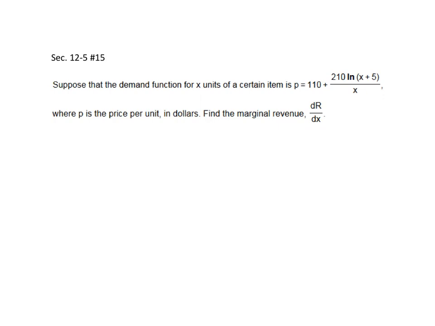So if you're looking for a revenue function, which you'll obviously have to find to get marginal revenue, you need to remember that revenue is equal to the cost per item times the number of items.